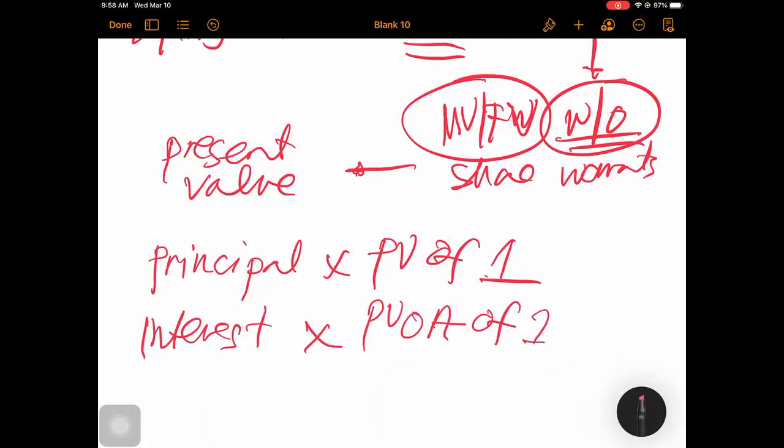So principal times PV of 1 and interest times present value of ordinary annuity of 1.